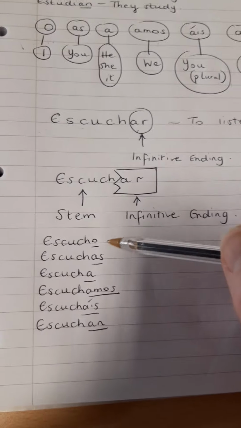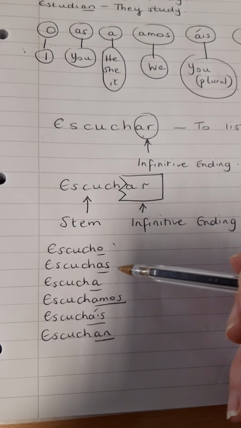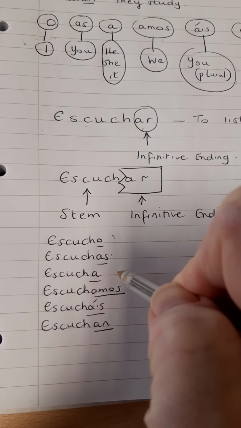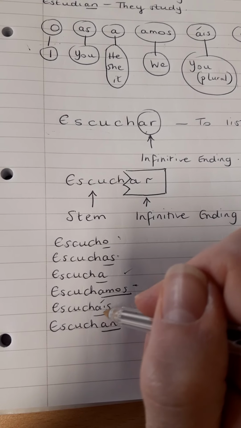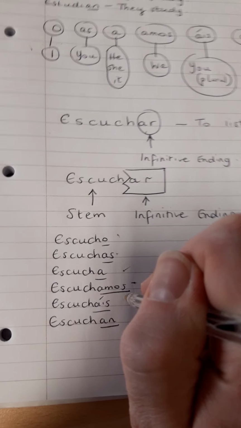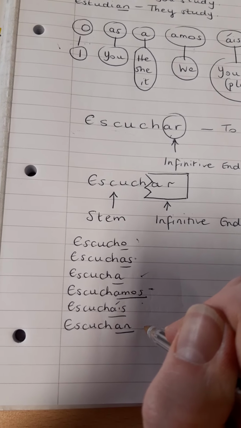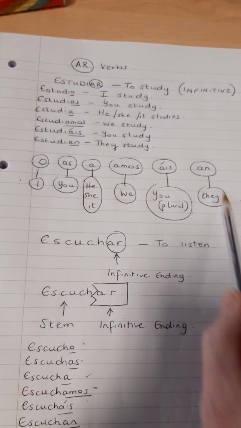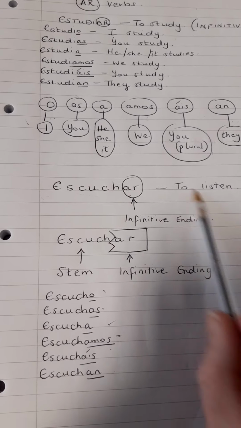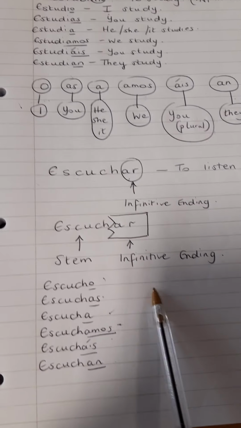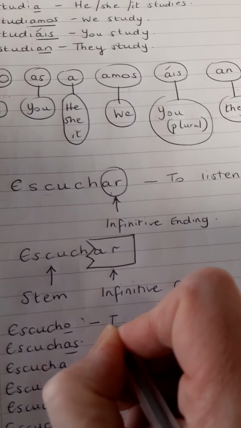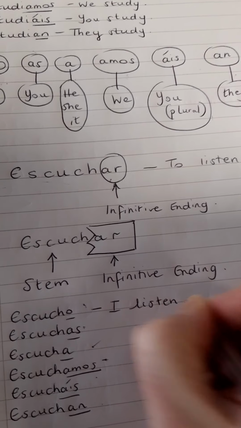That means I listen. That means you listen. That means he, she, or it listens. That means we listen, you listen, and if it's a group like your class, they listen. So you might want to write out the meanings of those beside them. Make sure you have all of this copied. Remember, the first one I'll give you, that means I listen, but you can do the rest.